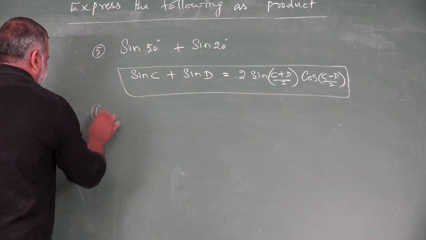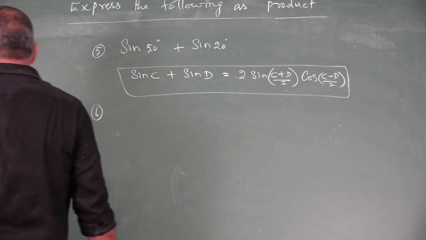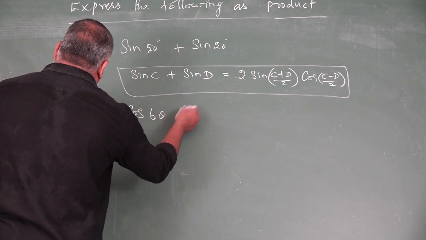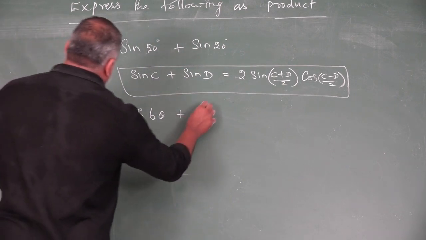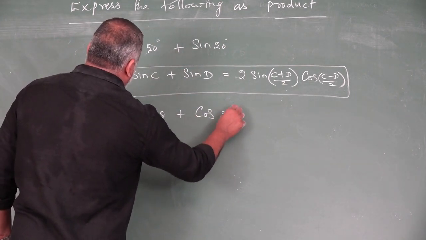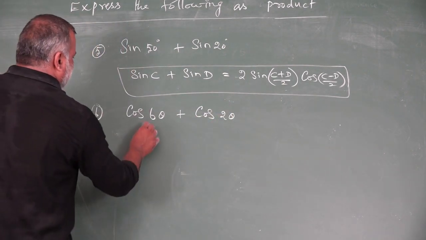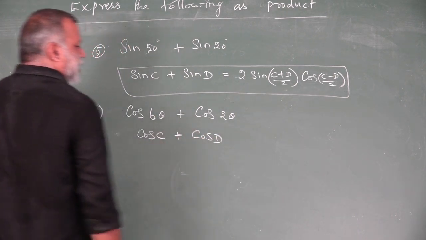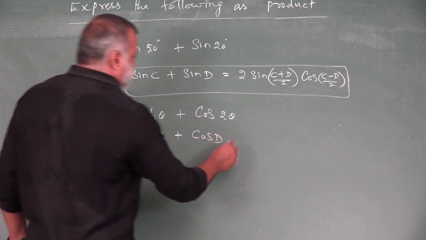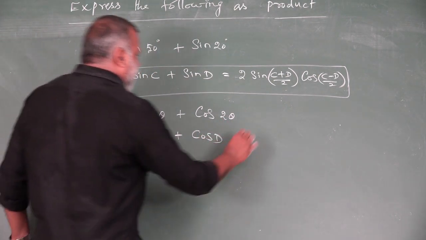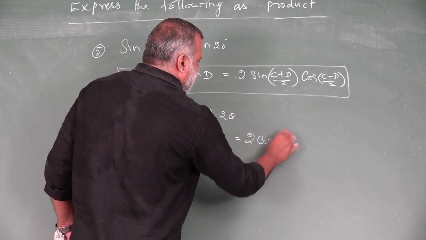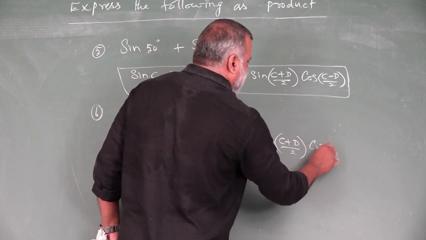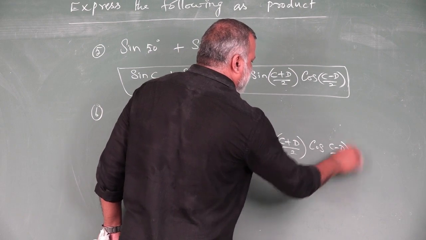In the same model, see question number 6. Cos 6 theta plus cos 2 theta. You are also able to work this out. See this relation, cos C plus cos D. What is the resultant of cos C plus cos D? 2 cos C plus D by 2, then cos C minus D by 2.